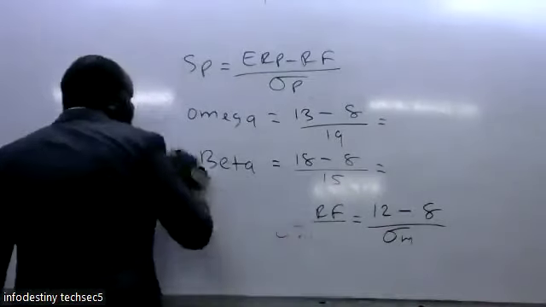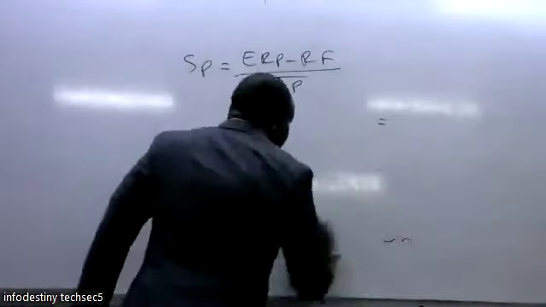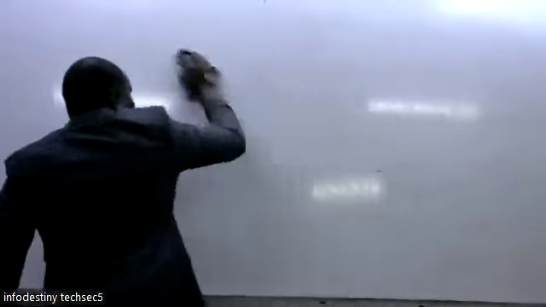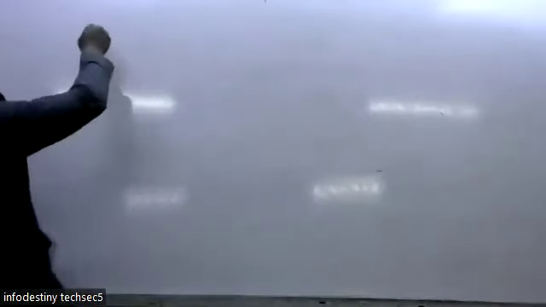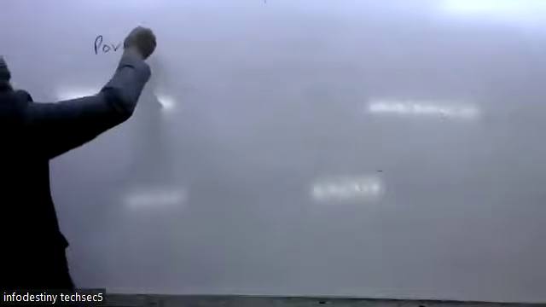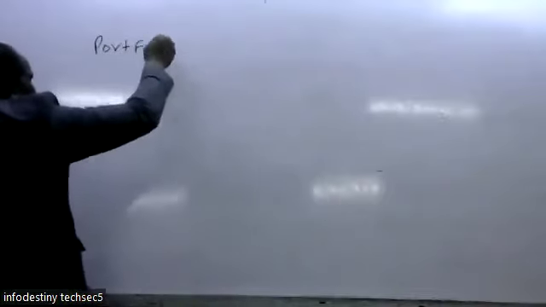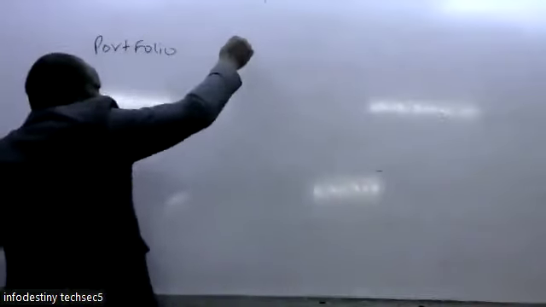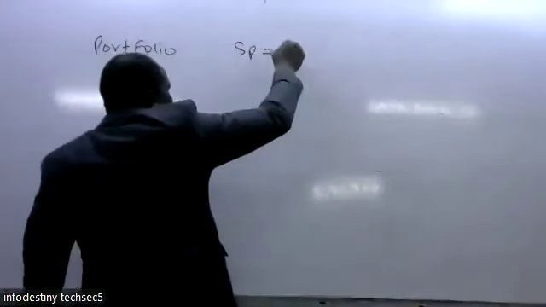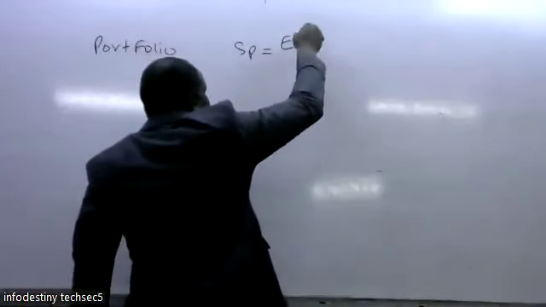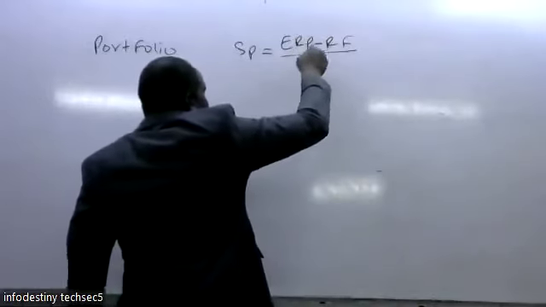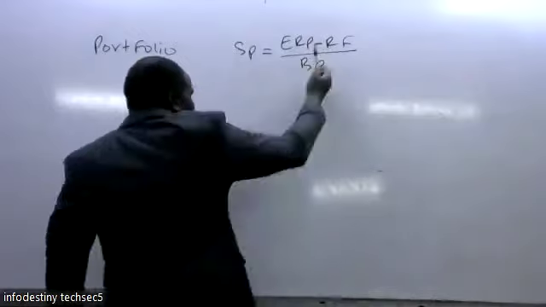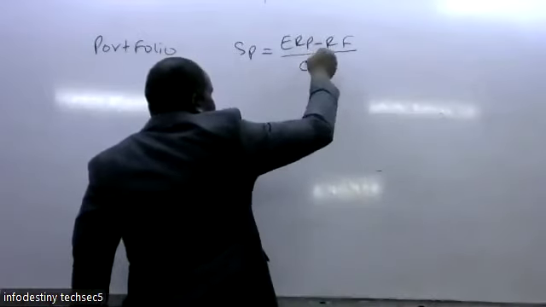So we arrange the information in this order. We shall be having the column for the portfolio. Then the Sharpe of the portfolio, which is expected return of the portfolio minus the risk-free rate, divided by the standard deviation of the portfolio.